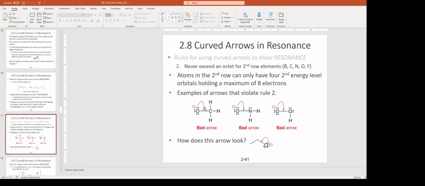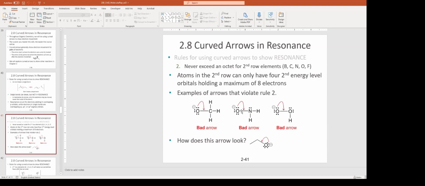To a double bond, because there's only a single bond there right now, right? So this means they're going from being a lone pair to a double bond. Why can't that happen? Yeah, because that would exceed the octet rule. That would leave you with 5 bonds on carbon, correct? You can't do that. So that's a bad arrow.